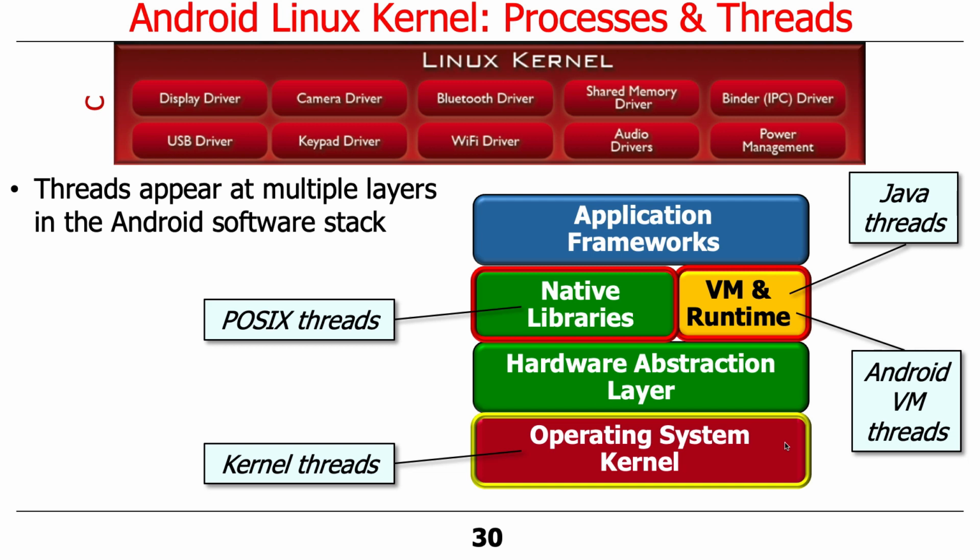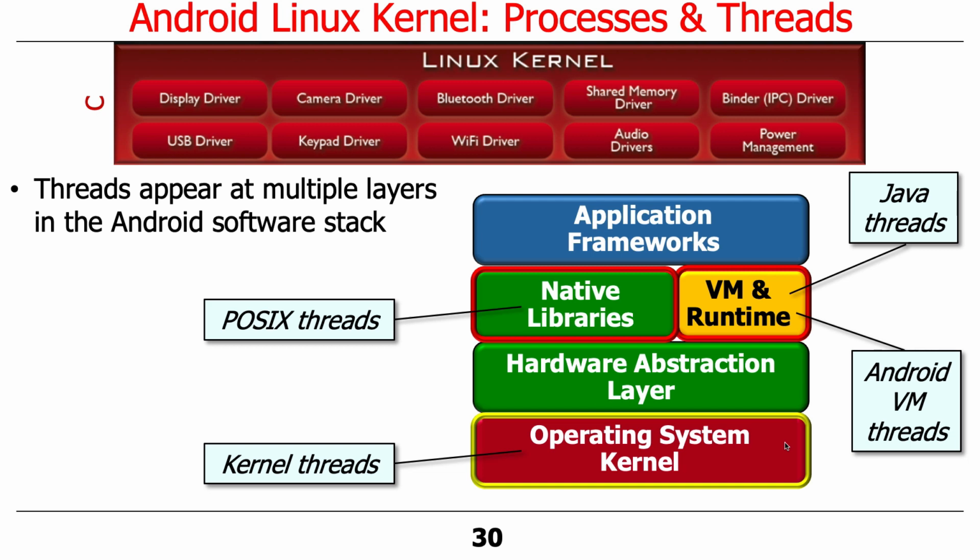Java and Android's runtime environment, its virtual machine, have VM threads. And then there are Java threads, which are what we've been focusing on, to the extent we've talked about threading in this class, which has been a very small amount of time.